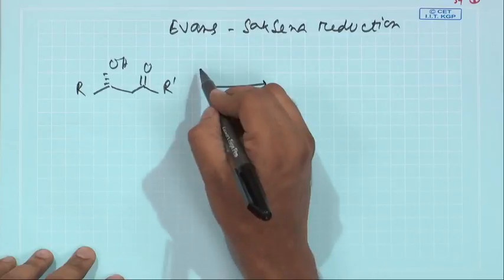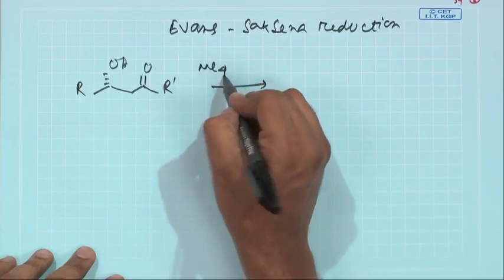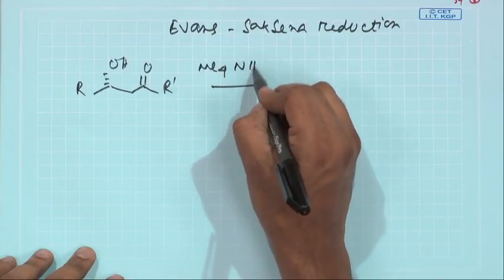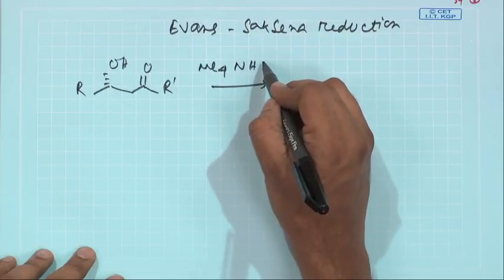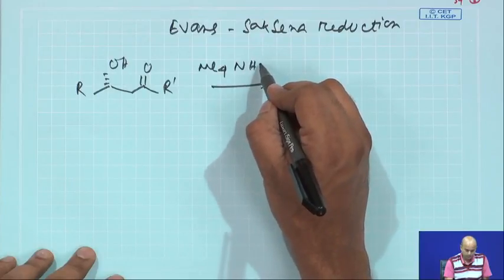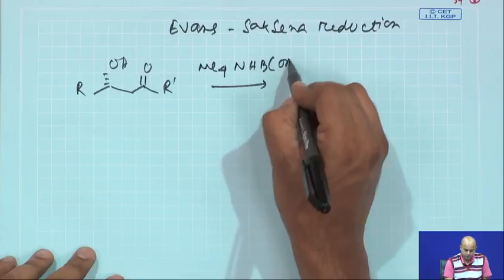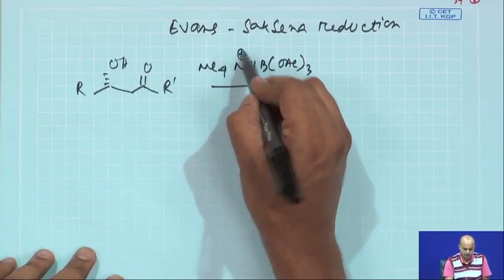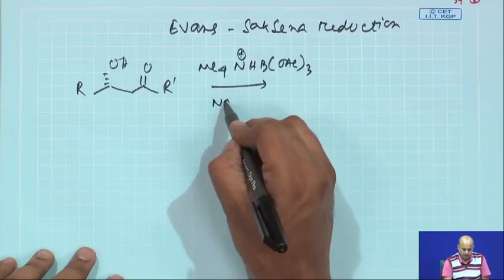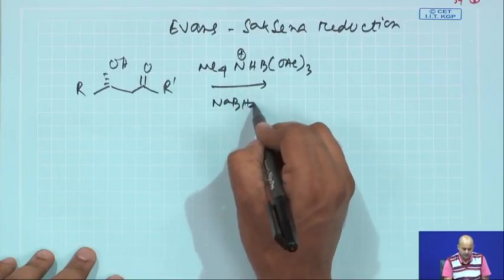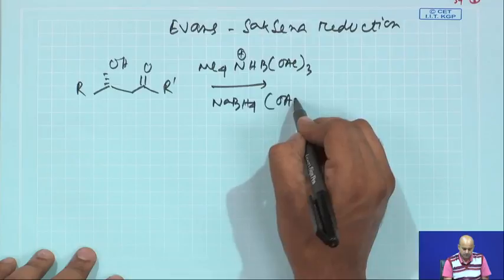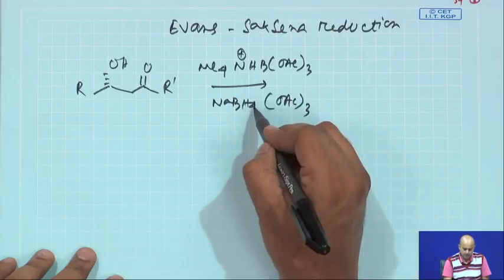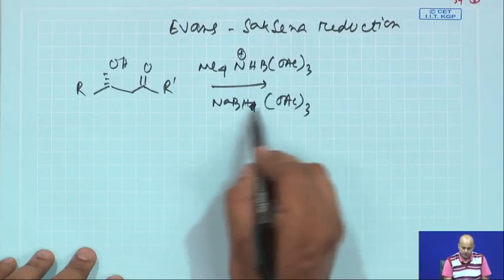Now, you basically use tetramethylammonium triacetoxyborohydride, Me4N+ NaBH(OAc)3, or you can use sodium triacetoxyborohydride, NaBH(OAc)3.